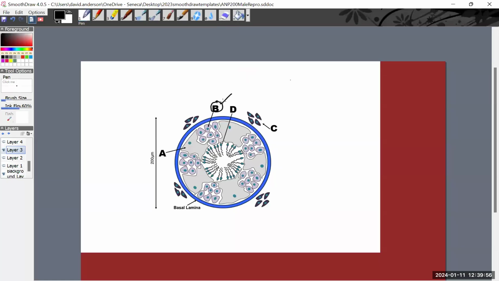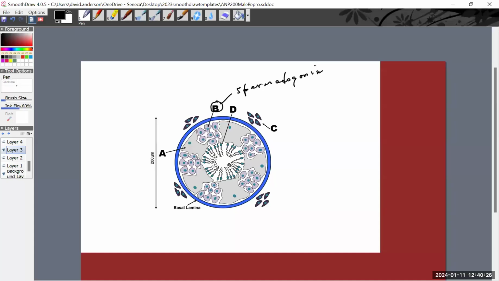That cell that we just started to talk about, that's our spermatogonia. Those are undifferentiated cells that will eventually become spermatozoa. So in this diagram, you can see that the spermatogonia are pushed up against the outside of the diameter of the seminiferous tubule, up against the outer edges.